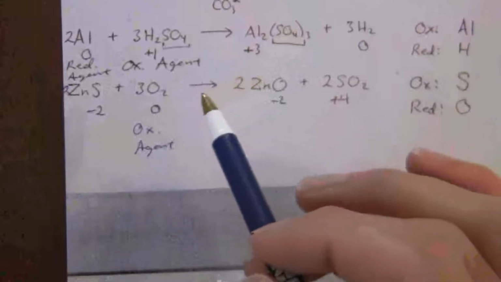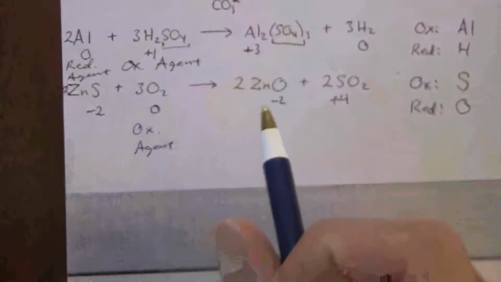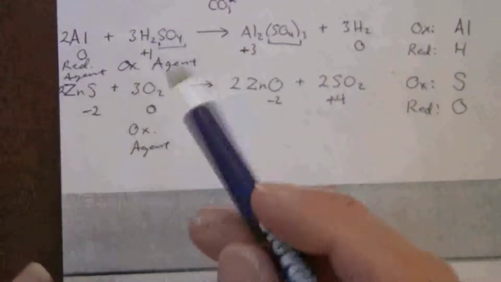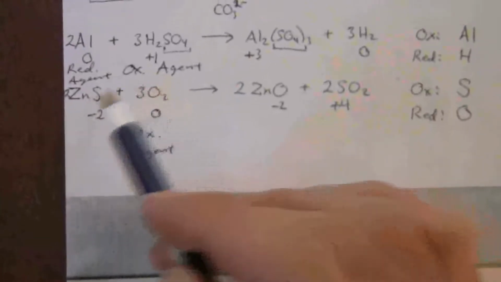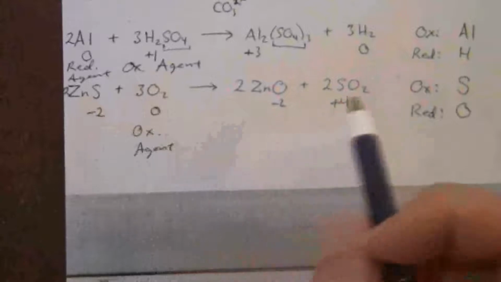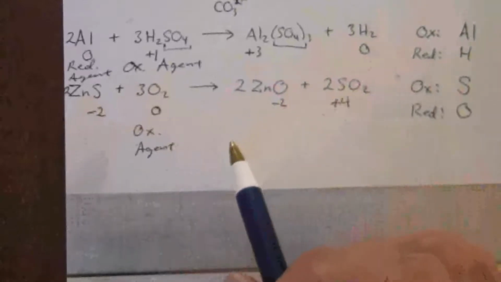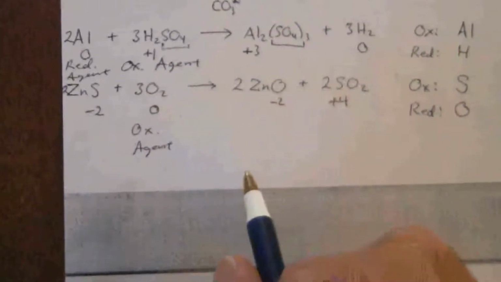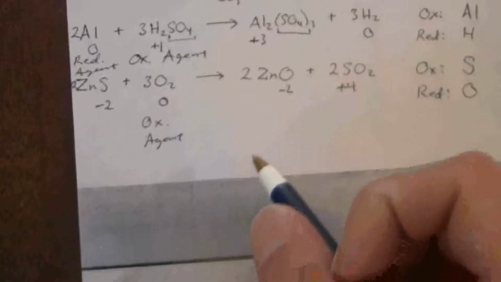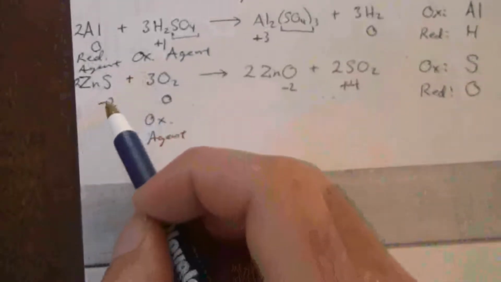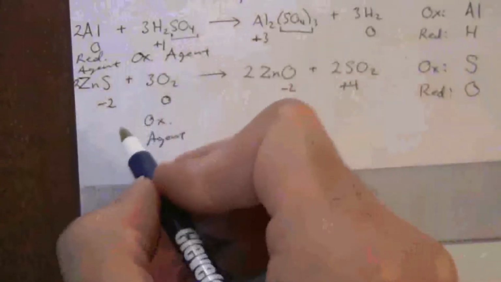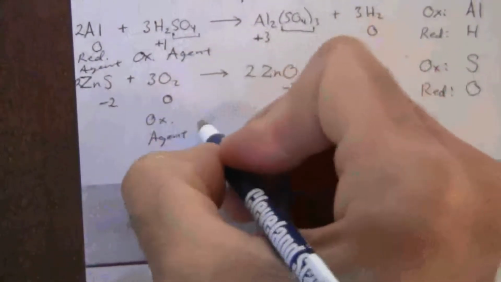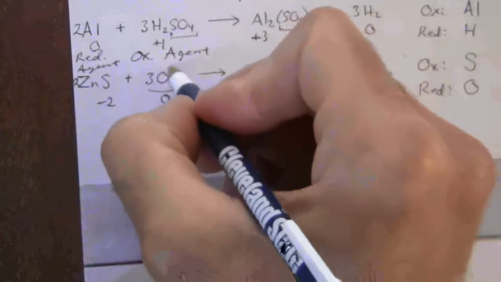Except in maybe one example with oxygen and fluorine. Oxygen, if you have it in this scenario where it's reacting with another element, it's going to be your oxidizing agent. And the zinc sulfide, remember, the agent is the whole molecule.